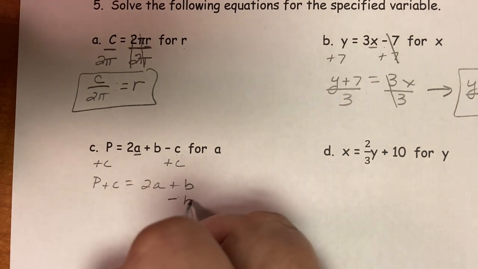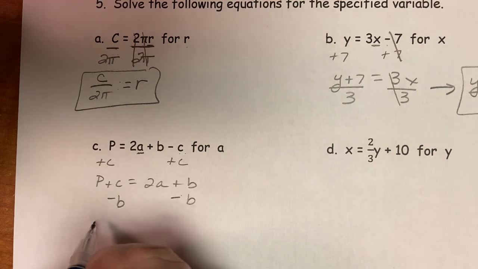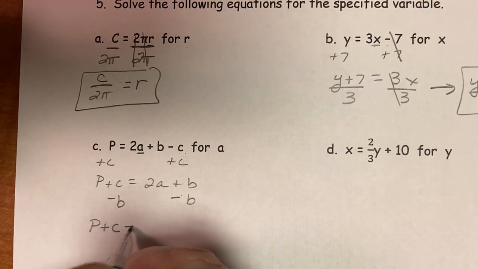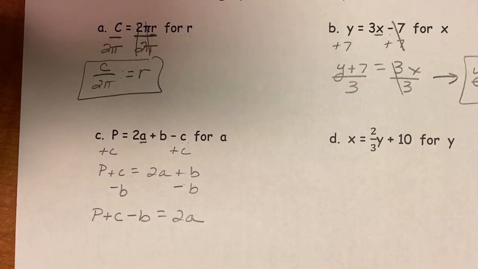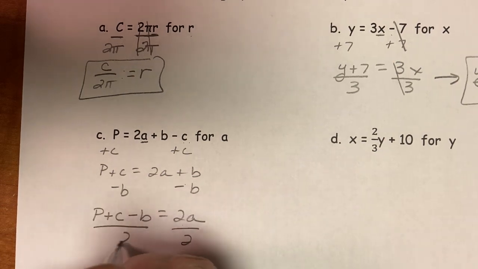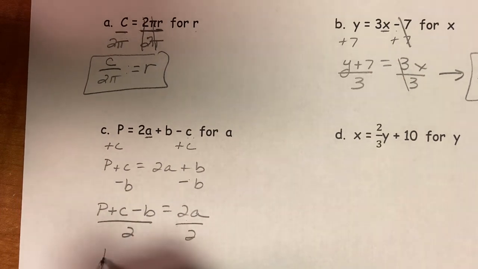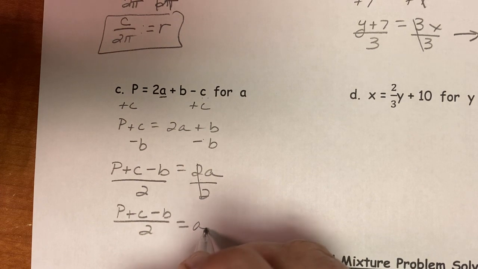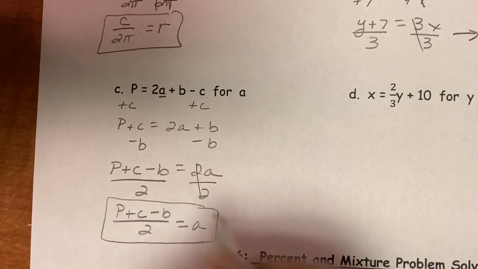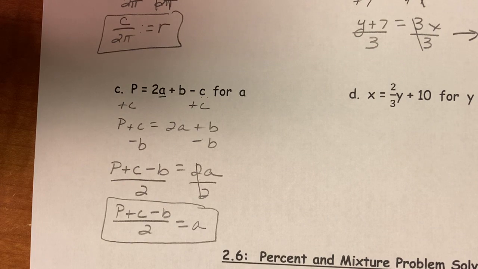I'm going to subtract B. So P plus C minus B is equal to 2A. So at least I have the 2A alone on one side. Now how do I get the A alone? Well, I'm going to do the opposite of multiplying by 2. I'm going to divide both sides of my equal sign by 2. So P plus C minus B over 2 is going to be equal to, the 2's cancel, A. Crazy answer, isn't it?